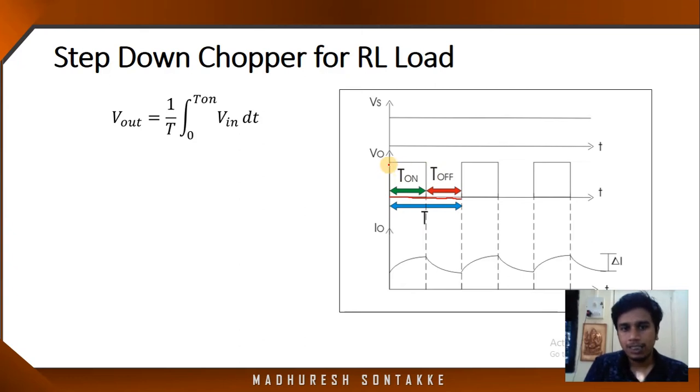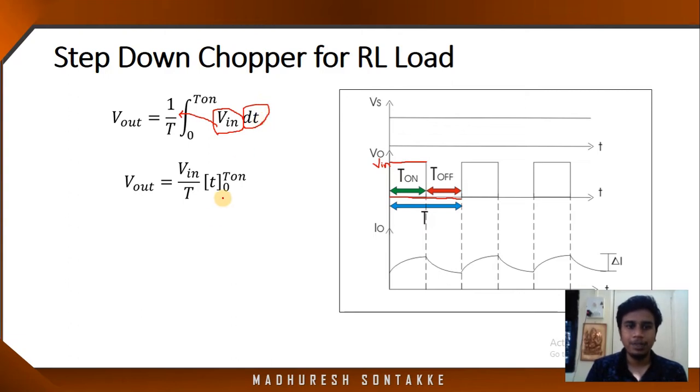Now if you see carefully, this is V in, and V in is constant in nature because it is DC. So V in is not a variable but a constant, so it will come out of the integration, and your equation will be like this. You only need to integrate dt, and the integration of dt comes to t, with lower limit 0 and higher limit T on.